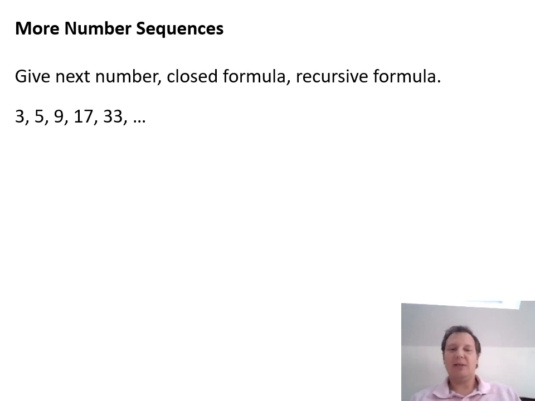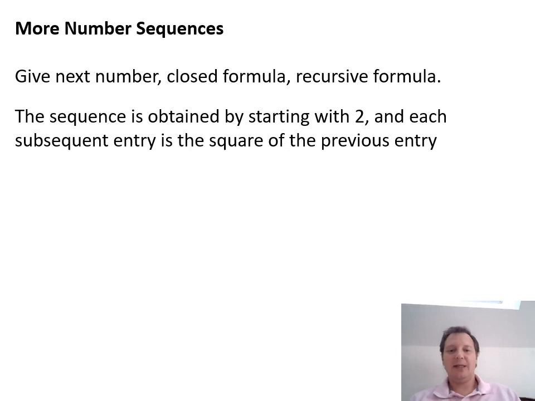I strongly encourage you to pause the video now, think about the sequence, and try to follow the steps that I did to figure out the closed and recursive form of this sequence. The same goes for this one. And we will revisit this on Tuesday briefly during our recitation.